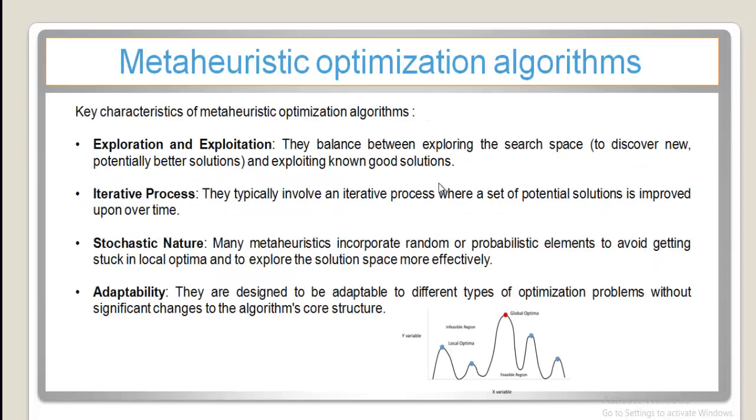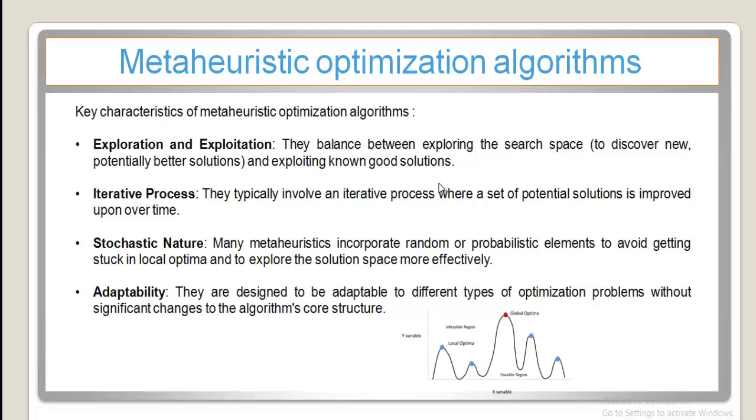There are main characteristics of metaheuristic optimization algorithms we will talk about now, which are exploration and exploitation, iterative process, stochastic nature, and adaptability. Let's focus on the defining traits of metaheuristic optimization algorithms, the strategies that give them their problem-solving abilities.